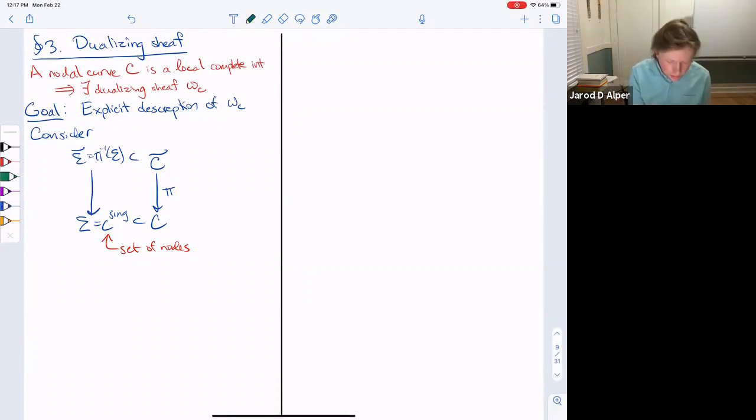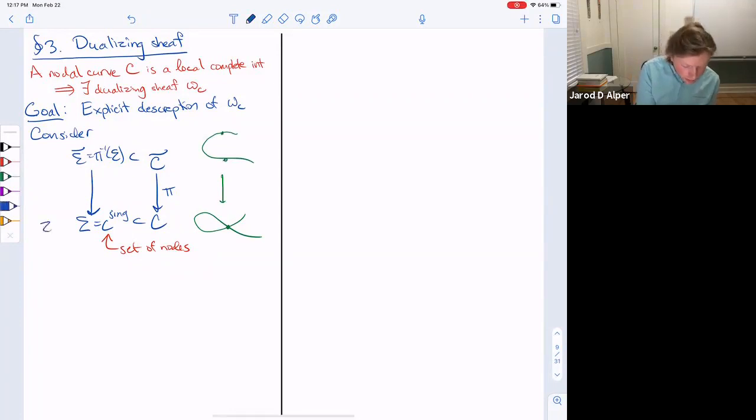So our picture looks like this. This is the case where we have one node and then our normalization, and there's two preimages of this one point. In general, if Zi is a node, we have two preimages, Pi and Qi over Zi. So here maybe a P and a Q over a Z.